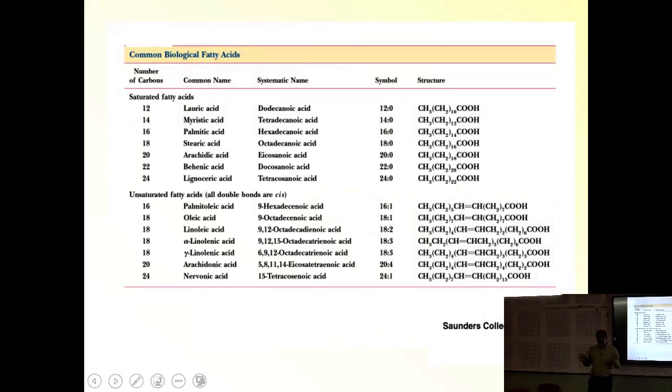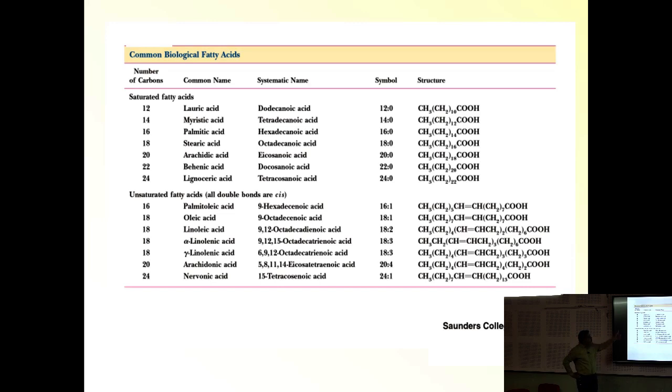Now how will you remember this classification of fatty acids? You have to remember LMP Sabel. LMP Sabel means lauric, myristic, palmitic, stearic, arachidic acid, behenic acid and lignoceric acid.